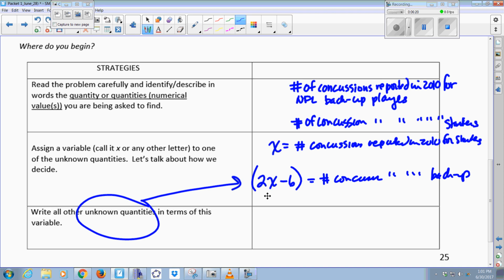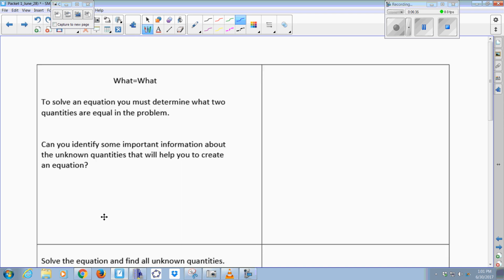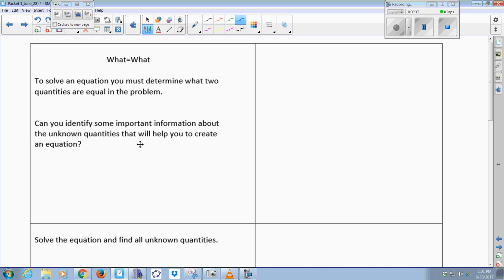This is really key to solving any story problem: when you have two different quantities, you have to be able to define each of them in terms of one variable, at least for this section of our book. Okay, let's move on. To solve an equation, you've got to determine what is equal to what, right?